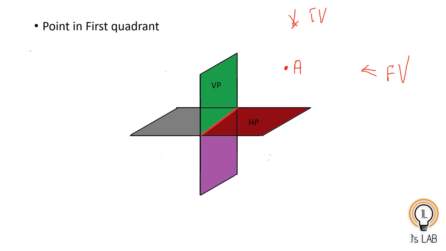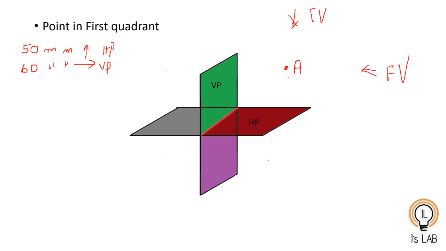As an example, I would say it is 50 mm above HP and 60 mm in front of VP. If you read that statement, you will understand that it is in the first quadrant.